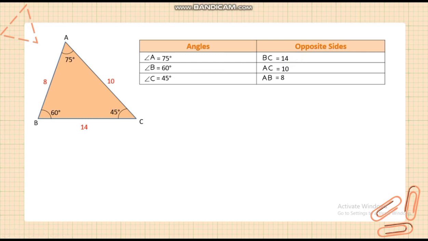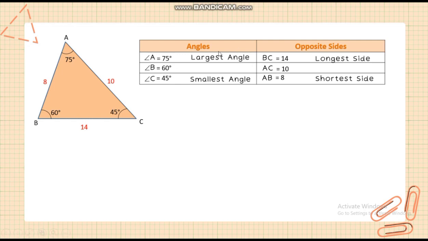Now, given all the measurements, let us identify the largest angle, smallest angle, longest side, and the shortest side. The largest angle is angle A. The smallest angle is angle C. The longest side is BC. The shortest side is AB.